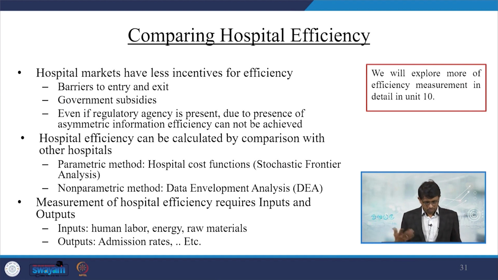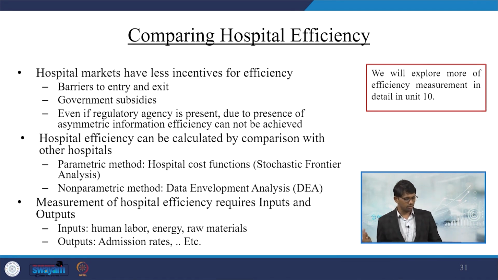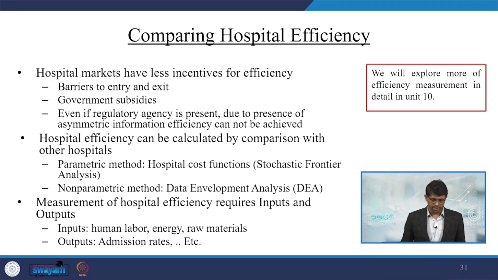Then a couple of other things to mention at the end of this lecture: comparing hospital efficiency lies on barriers to entry, cross subsidization or government subsidies, and regulatory agencies as well. Hospital efficiency can be calculated by comparison with other hospitals through parametric and non-parametric methods. Largely we use DEA.